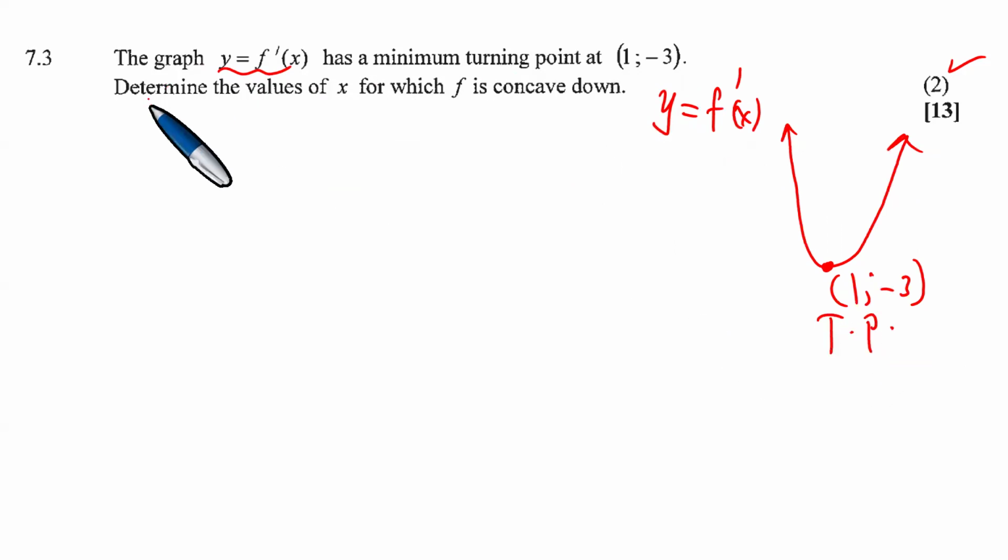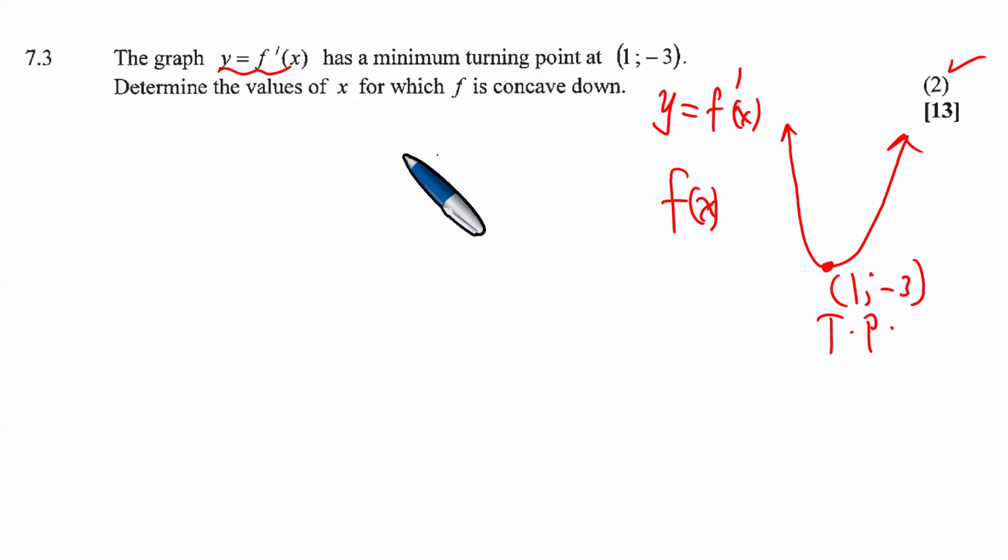Okay. Now you need to determine the values of x for which f is concave down. All right, and now we need to analyze what that means. We need to be able to deal with f of x: if f prime of x is like this, how is the graph of f supposed to be?